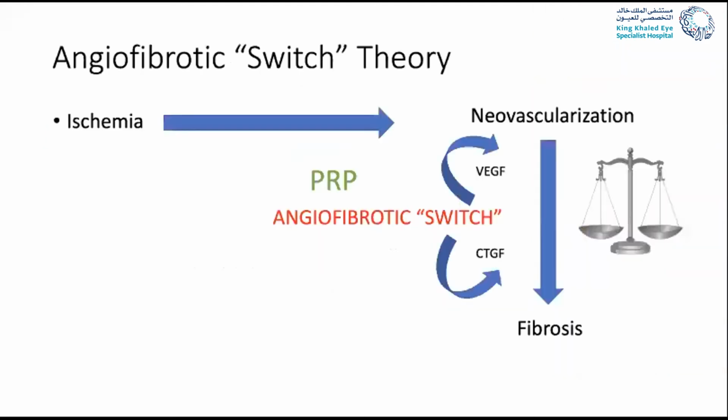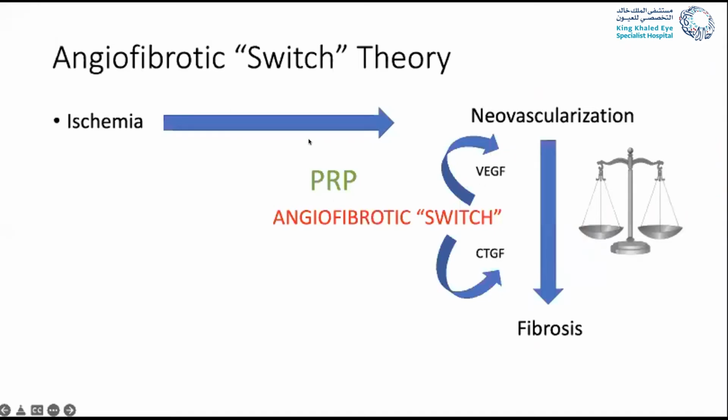So if we take our previous model and we substitute the anti-VEGF with PRP, we see that we're having exactly the same mechanism. We have an ischemic setting that will lead to the production of VEGF and eventually develop neovascularization.